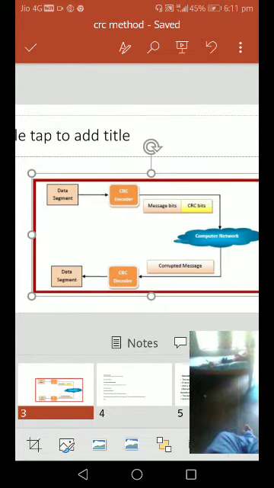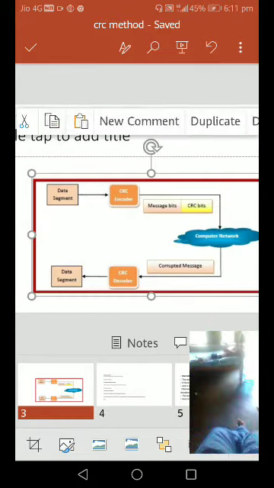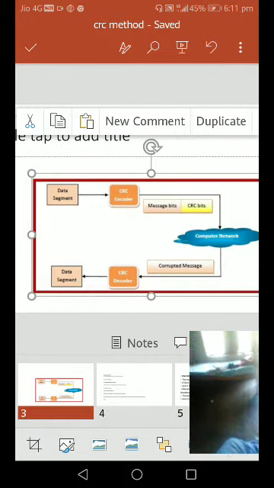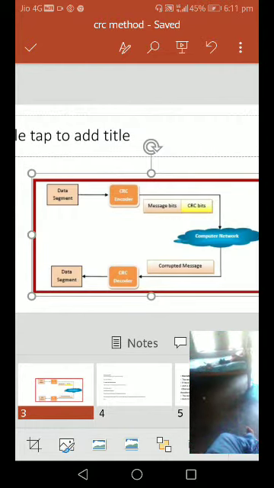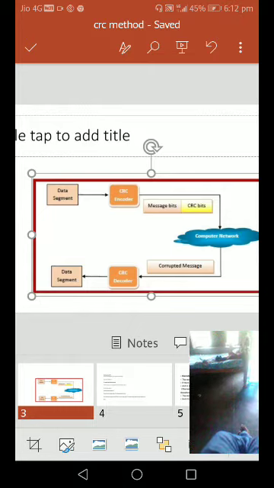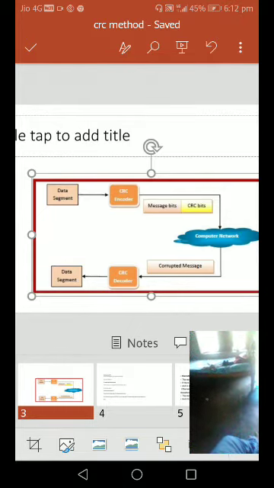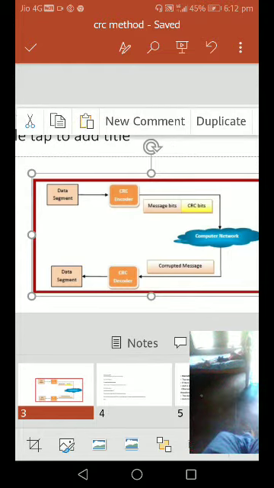The encoder is a binary coder that encodes the information by taking the message signal, so we have message bits plus the CRC, the cyclic redundancy code bits. Then the CRC bits are connected to the computer network.